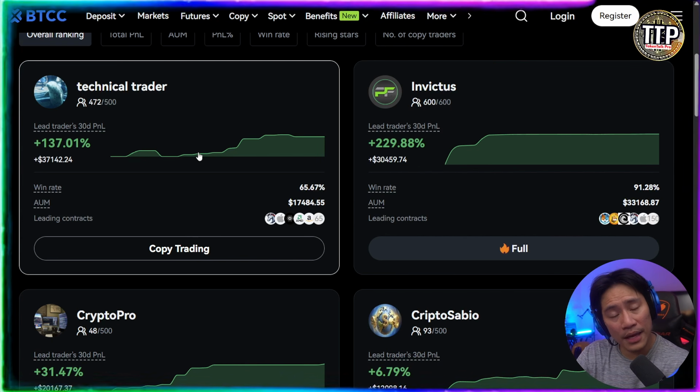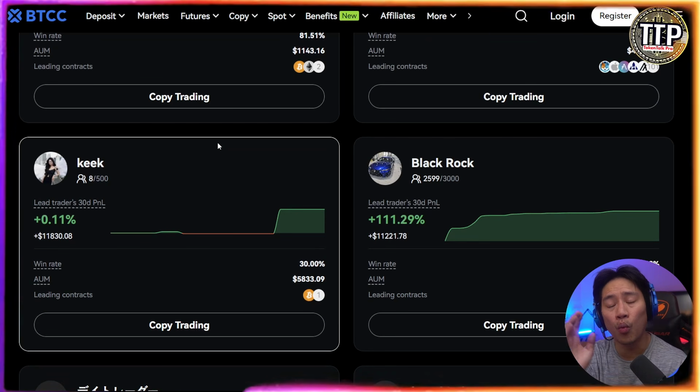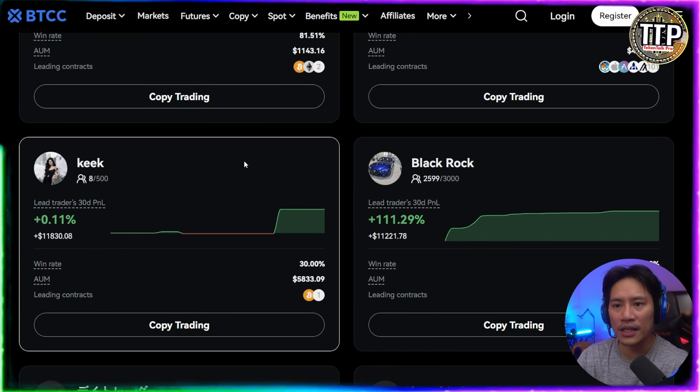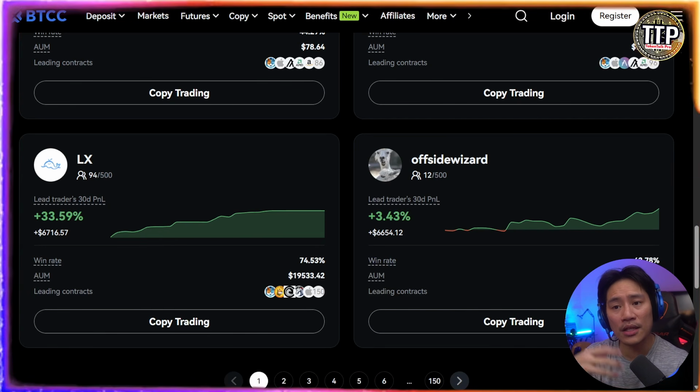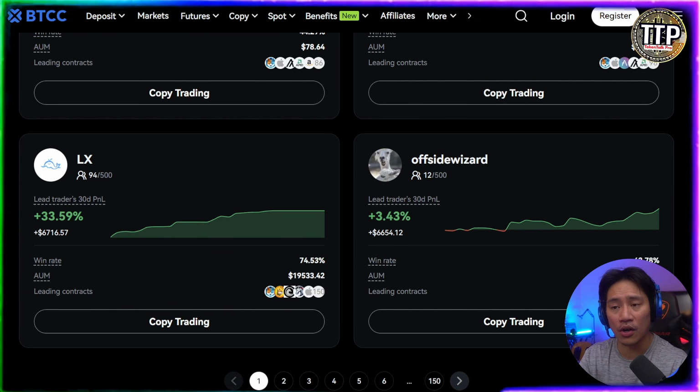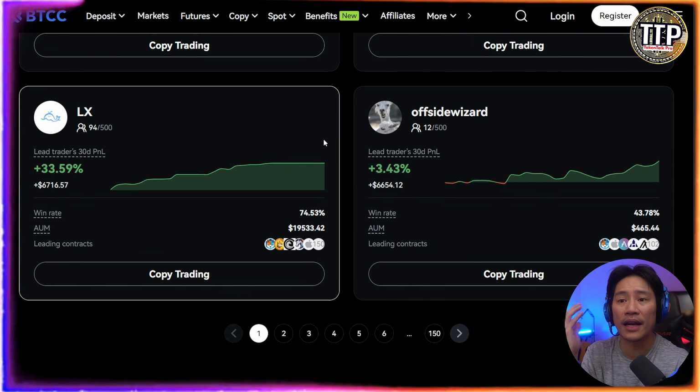Now, risk management tools are also integrated into the copy trading system, and one notable feature is the copy trade stop loss for traders. It allows the users to define a maximum acceptable net loss.